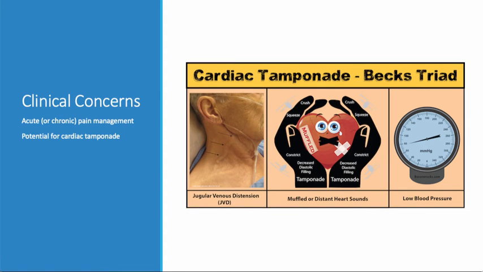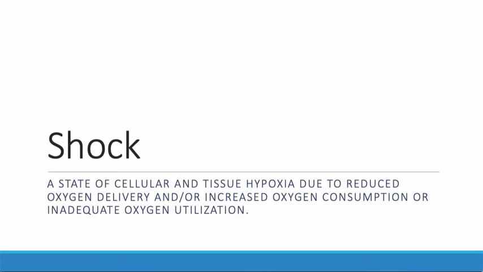It sounds like their heart is stuck underwater, right? So that goes along with tamponade as well. And then because the heart can't fill well when it's tamponading, you get hypotensive as well. So those three things together are concerns for cardiac tamponade, and that's a medical or surgical emergency.